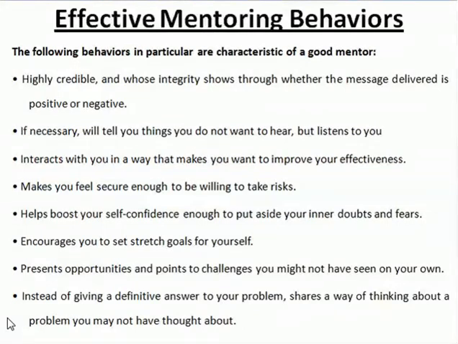So he is going to engage you to set goals for yourself by developing your capabilities, and he is going to give you opportunities and challenges which might help you see your own capability also. Last, instead of giving extensive answers to the problems you are going to face, he will share a way of thinking about the problem that you may not have thought about. This is something very creative that people are going to learn.